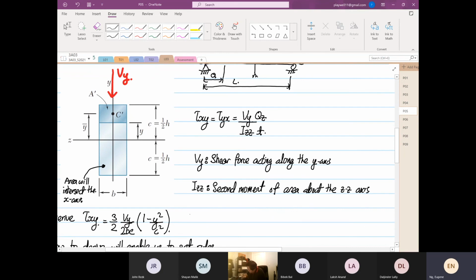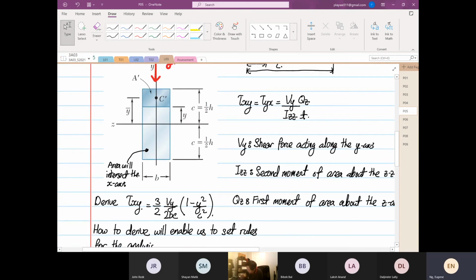The Qz is the first moment of area about the z-axis, okay? About the what? Z-axis.